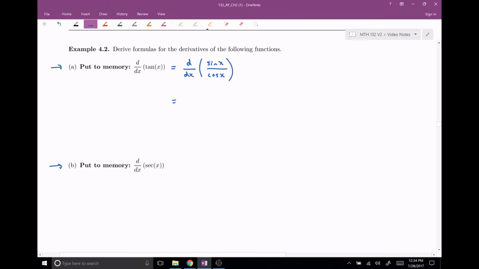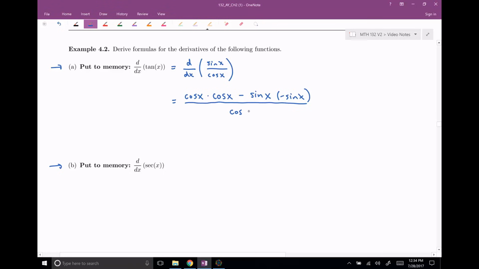It goes low d high, so low d high. So the derivative of the high function, the numerator function, so the derivative of sine is cosine, minus high d low, high d low. So the derivative of the low function, well, derivative of cosine we learned was negative sine, all divided by the low squared, right?